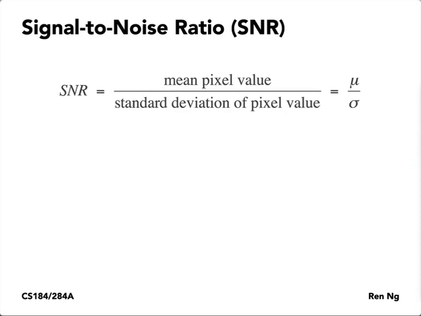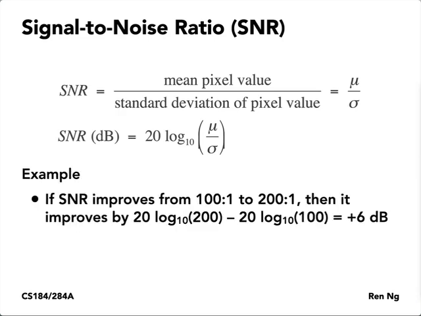Okay, so the SNR is just the average pixel value for that intensity portion of the image divided by the standard deviation of the pixel value at that location, or mu for mean divided by sigma for standard deviation. And there's a formula here for SNR in the dB scale: 20 times log base 10 of mu over sigma.